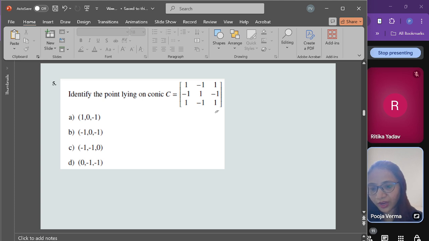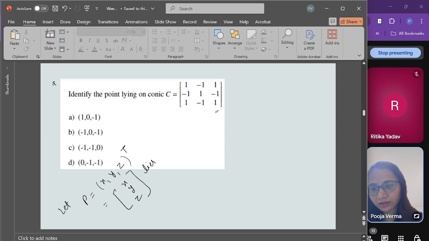To find out the point lying on the conic, let's say a point P is x, y, z. Here it is written in the row form, so you can write it as x, y, z transpose.